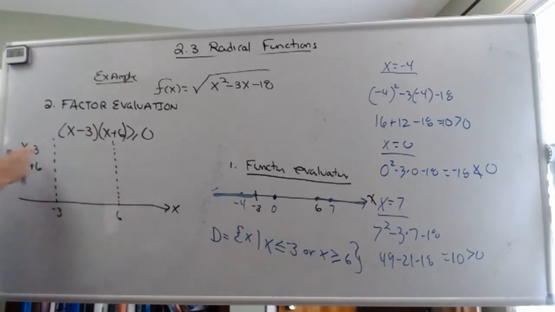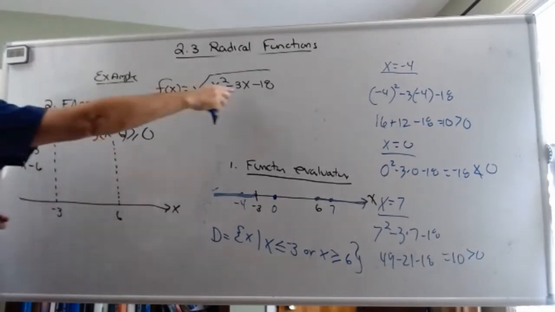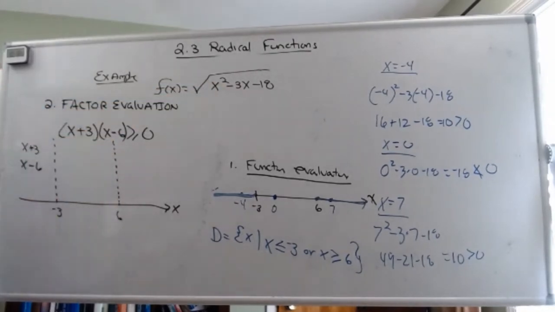Talking and writing at the same time. X minus 6. The only way I'll get the -3 to work out, I have to switch over there. I have it evaluated, but I just miswrote it over here.